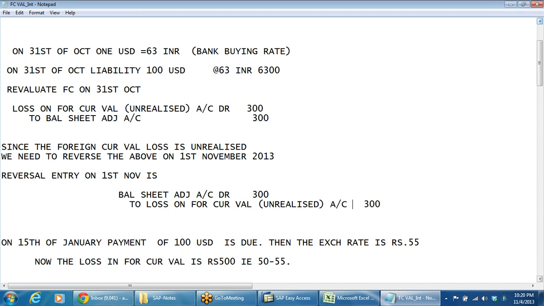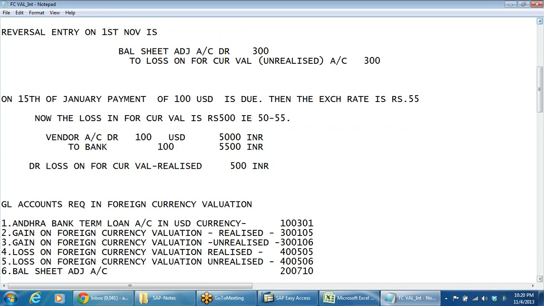So this gets nullified. Right. This is only for the purpose of showing in my books that there is a loss. Since that is unrealized, I'll be reversing it on the next day.